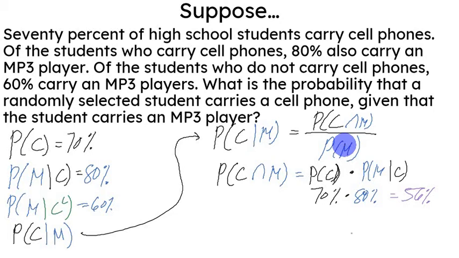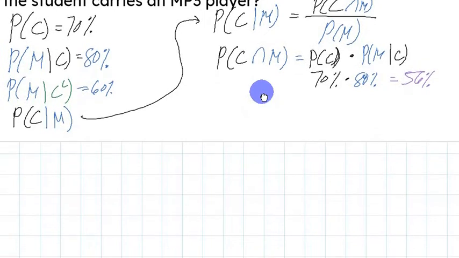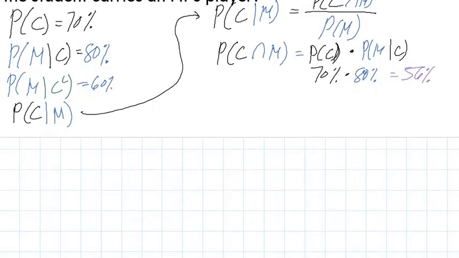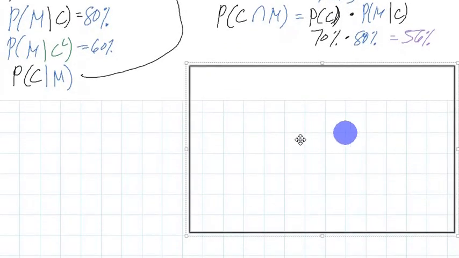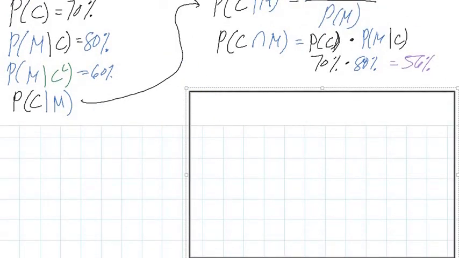Let's illustrate. Let's bring down our panel a bit, and then I will draw a box. This will represent our students. Since these are in percentages, we can just let the number of students be 100, so it's easy for us to visualize.